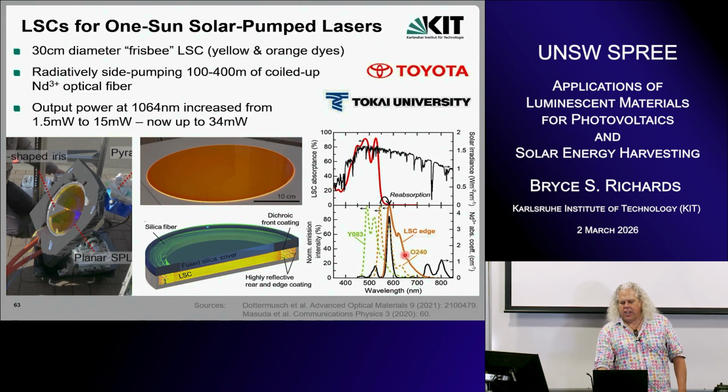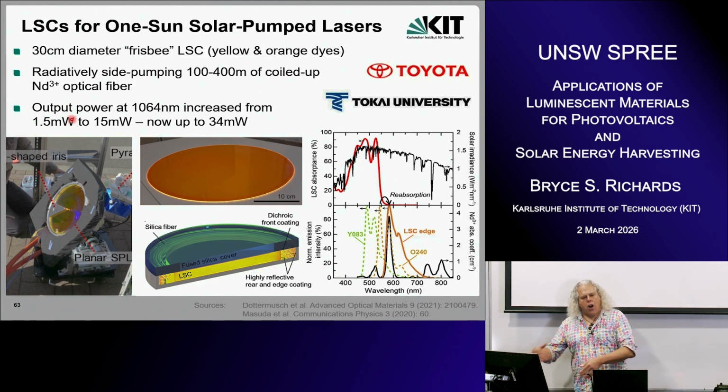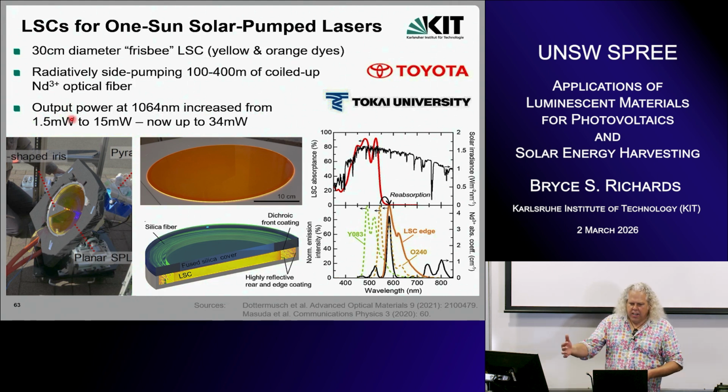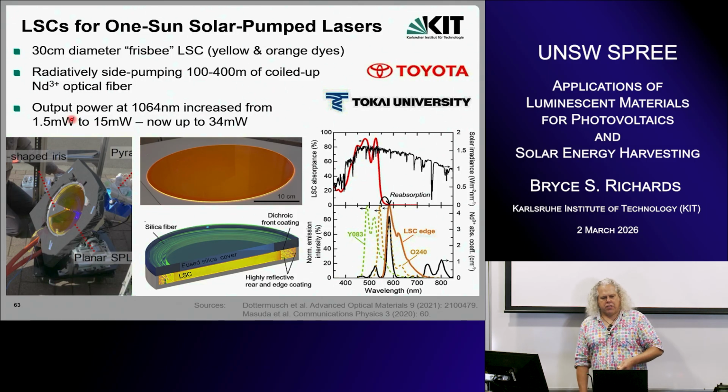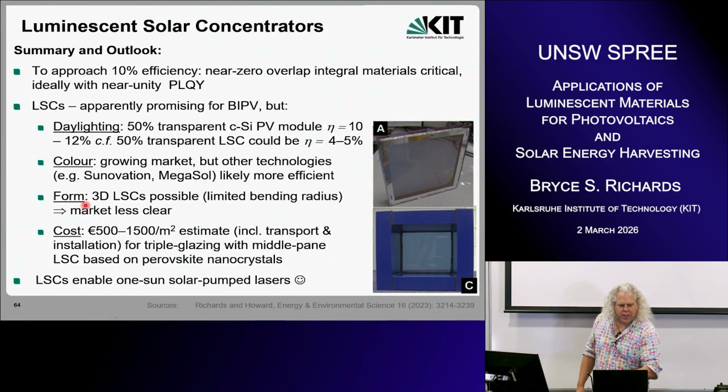Now you see we don't hit the peak perfectly, but we hit it not too bad. And with that, we were doing the optics, they were doing the lasing. Our Japanese partners have demonstrated that we've gone from 1.5 milliwatts up to 15 milliwatts, and now, even after the project ended, they're carrying on there, and they now demonstrated up to 34 milliwatts of lasing, outdoors, sunlight, no electrics needed. So that's kind of cool.